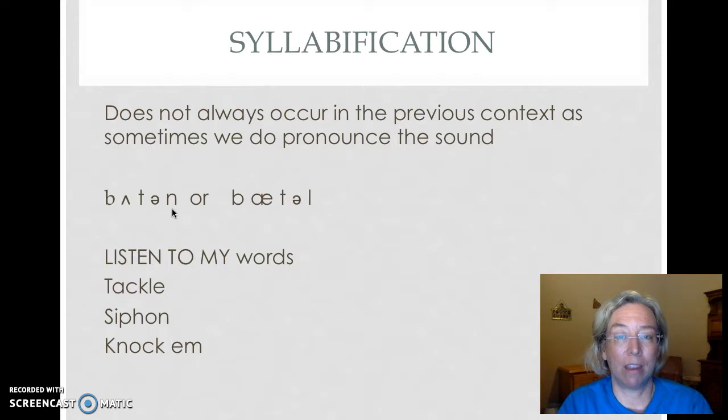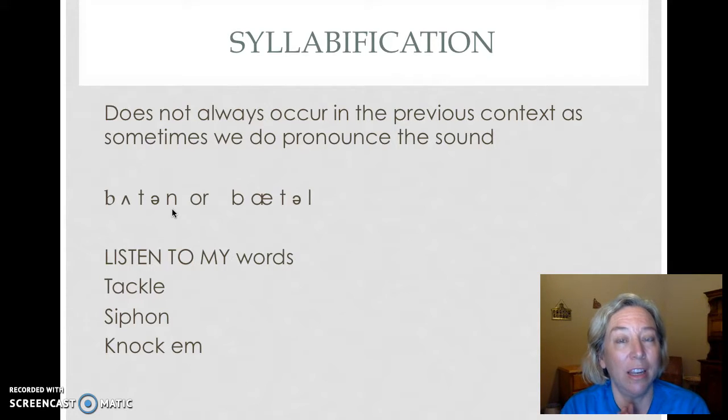Okay. Example 3. Listen carefully. Am I producing it with syllabification, with no vowel between there? Or am I sticking a vowel between the K and the M in this case? Knock 'em, knock 'em dead.